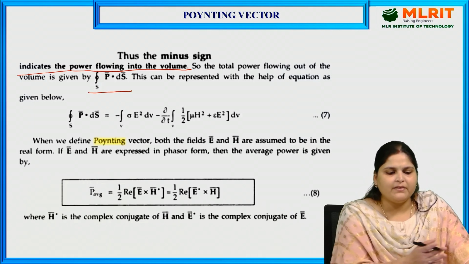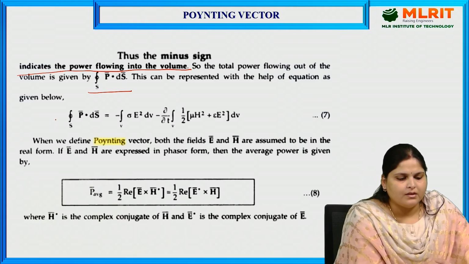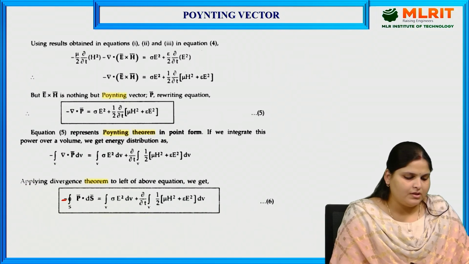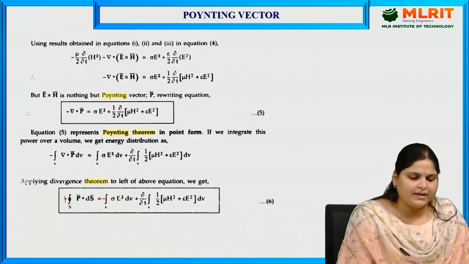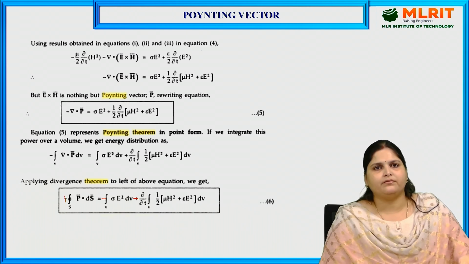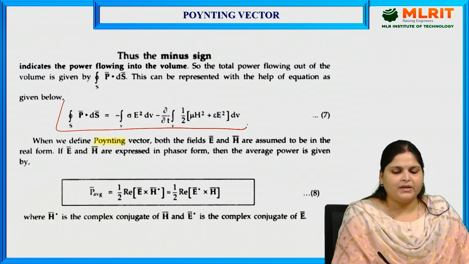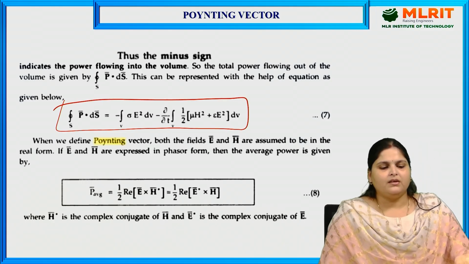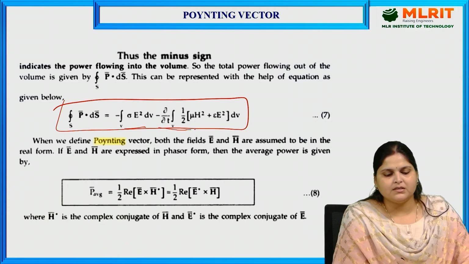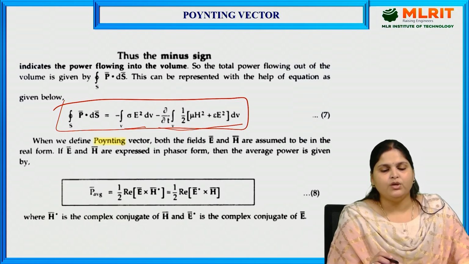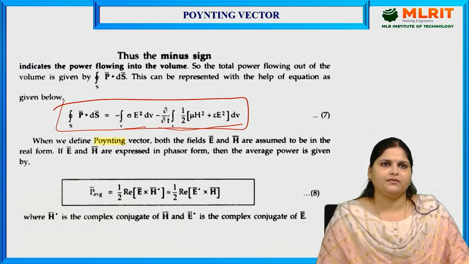So to get that, we multiply this entire equation by minus. If you multiply this equation with minus, this term becomes positive, this becomes negative, and this also becomes negative. So we can write the new equation as the integration of P·dS equals minus the integration of σE² dV minus ∂/∂t of the integration of 1/2 (μH² plus εE²) dV.